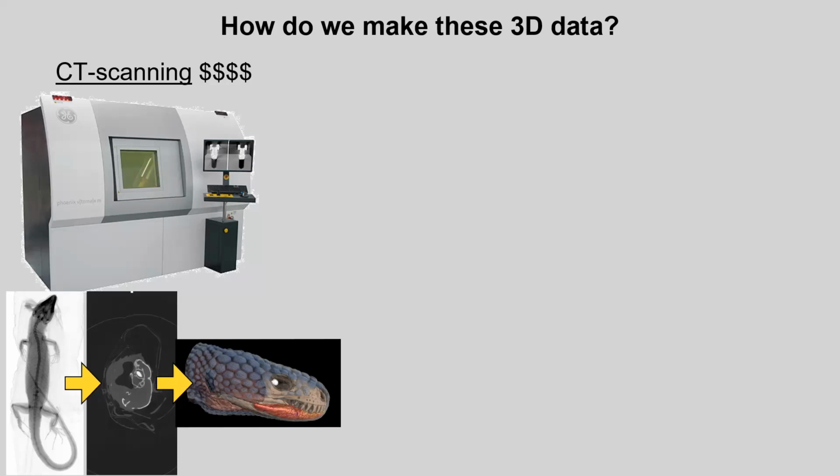For frogs, we don't need to do that quite as much. So we use this machine. We create these 2D x-rays, and then from that we can make these 3D models. But it's also very expensive. This machine costs us about $800,000 to $900,000 to buy in the end, and that's not counting the maintenance costs and all those other costs associated.